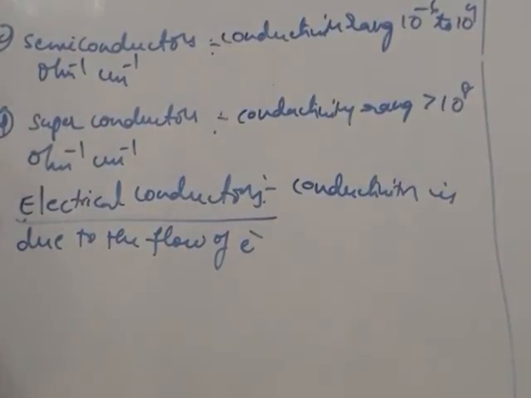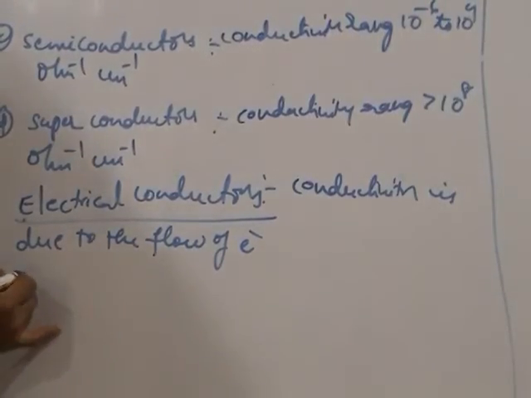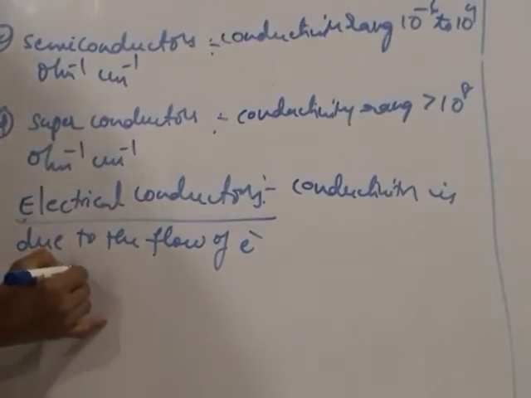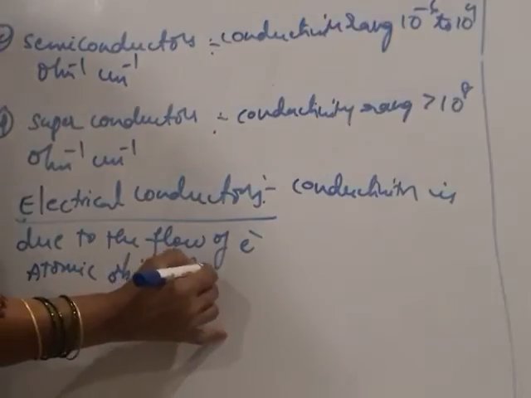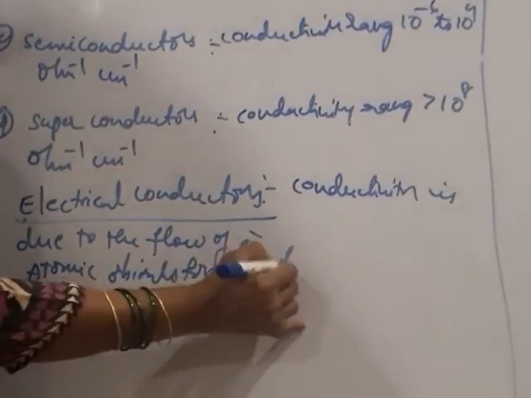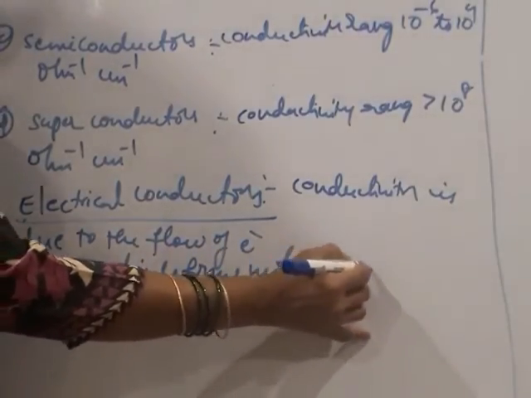So here, in electrical conductivity, atomic orbitals of metals combine together and form molecular orbitals.